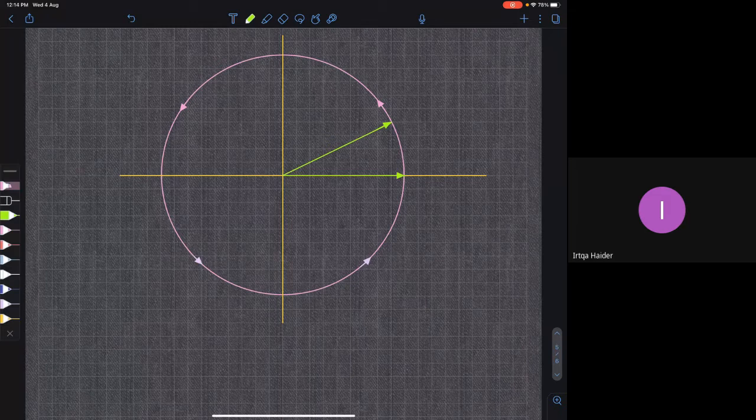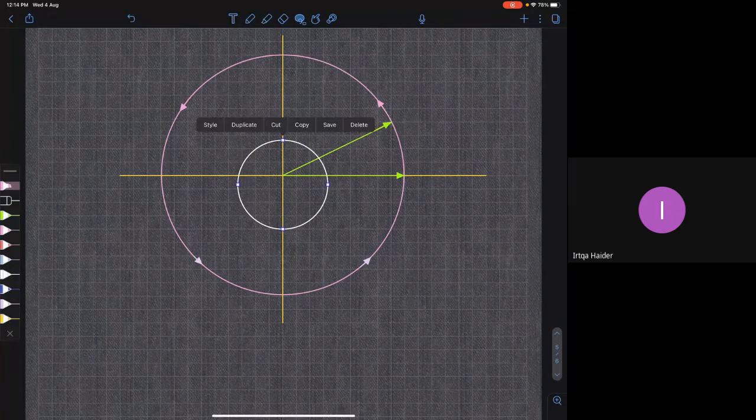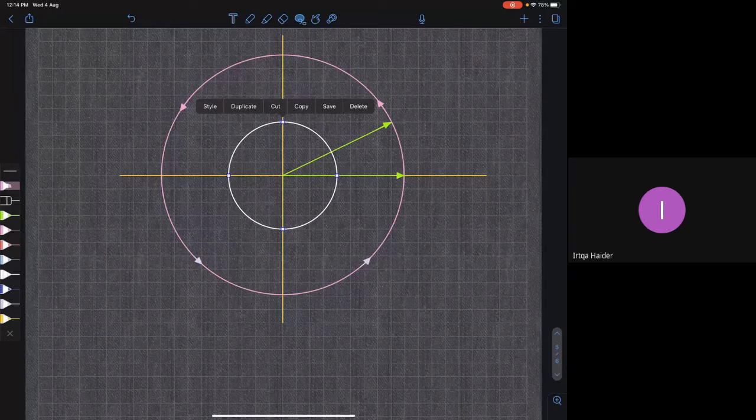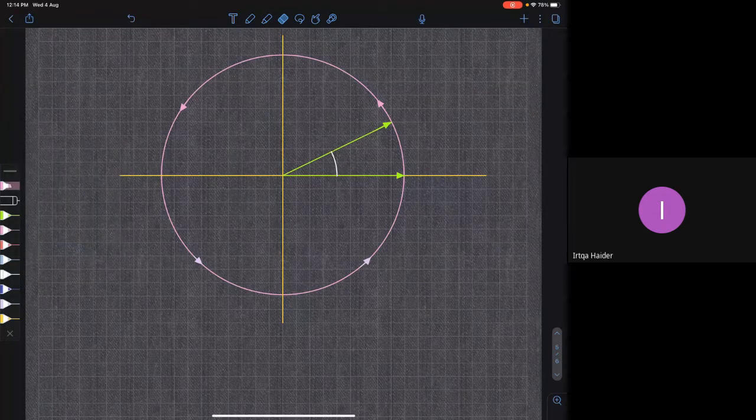The angle made by, so this is the angle that the particle has covered, going from initial position to final position.